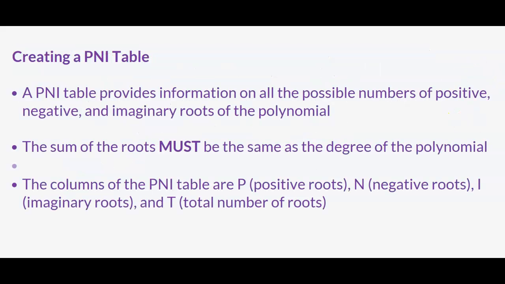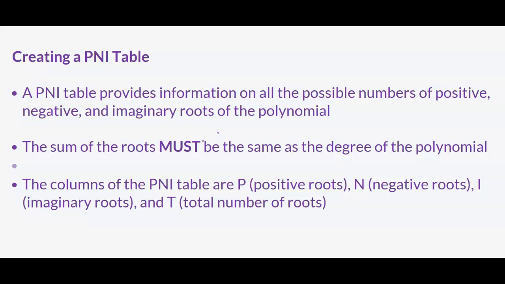Now let's talk about the PNI table. The PNI table provides information on all the possible number of positive, negative, and imaginary roots of a polynomial, and the sum of these roots must be the same as the degree of the polynomial. We'll talk about that in an example soon.